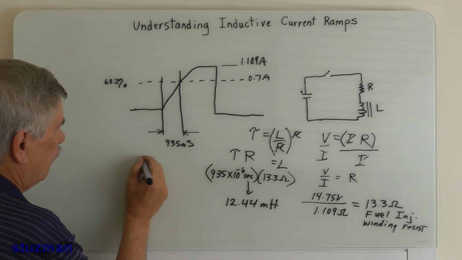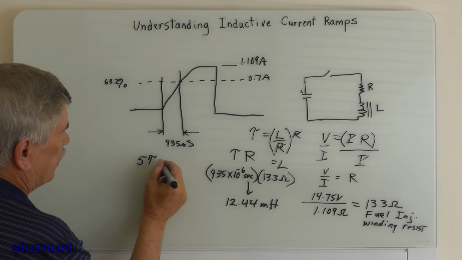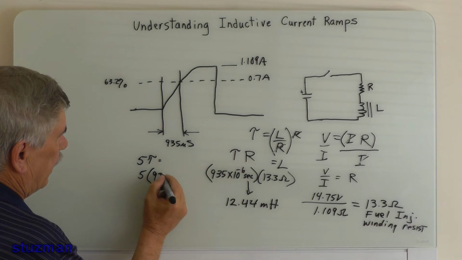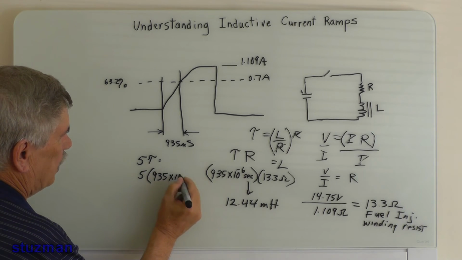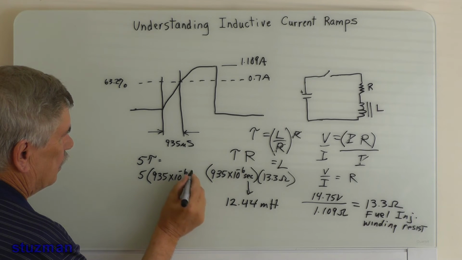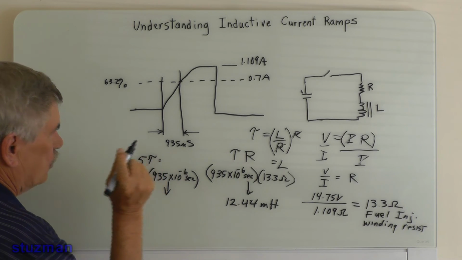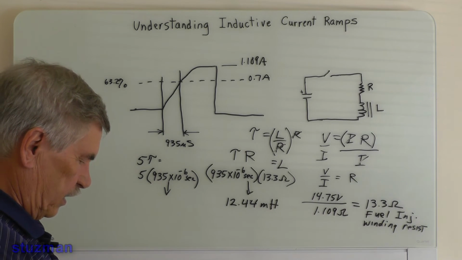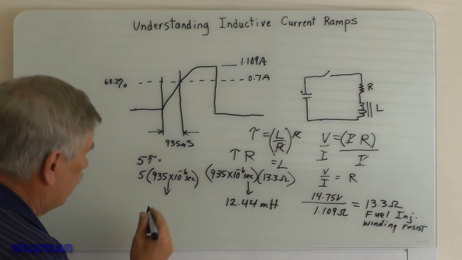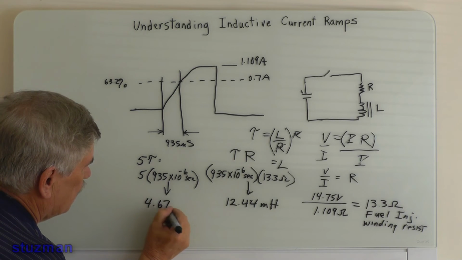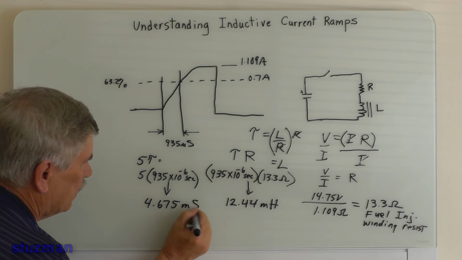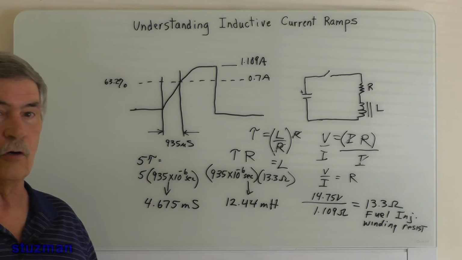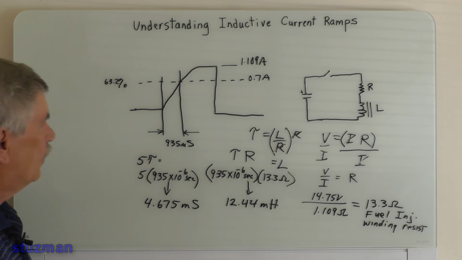If we say 5 time constants, that's going to be equal to, let me just write it down here, 5 times 935 times 10 to the minus 6 seconds, and I got 4.675 milliseconds. That's how long it's going to take for this coil to get fully charged. 5 time constants. Okay?